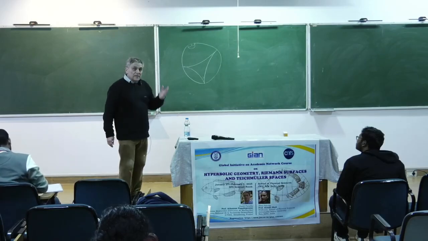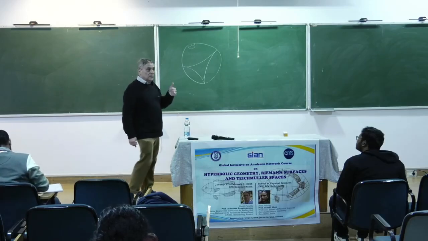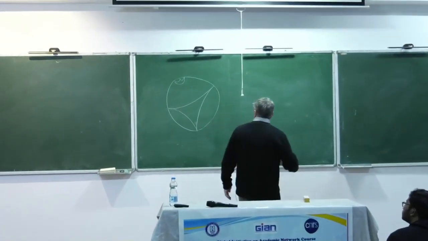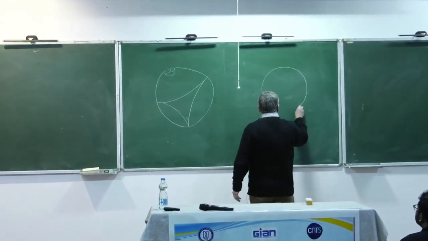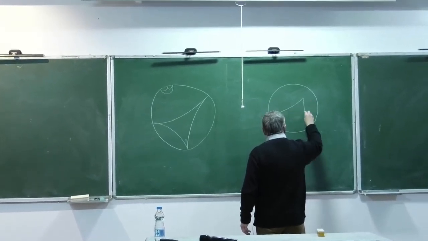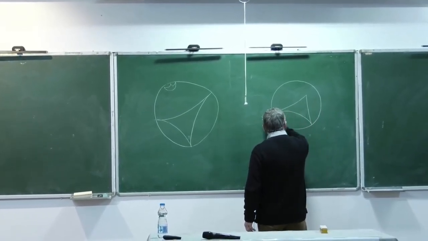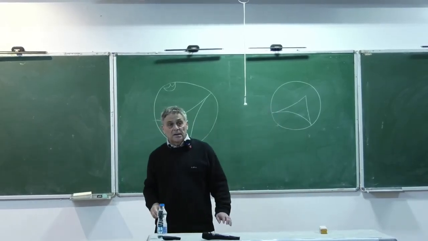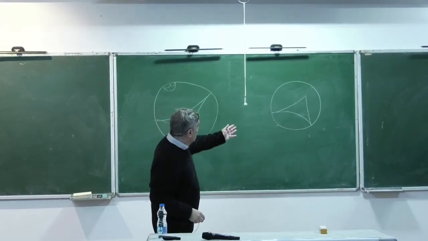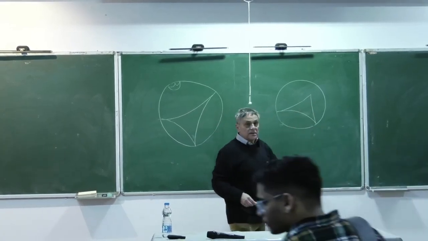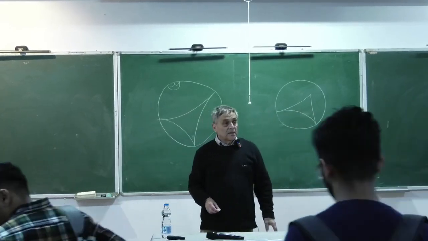The space of ideal triangles is only one point. If I take other figures in the hyperbolic plane, like this one, this is a triangle with two vertices at infinity and one vertex in the hyperbolic plane.